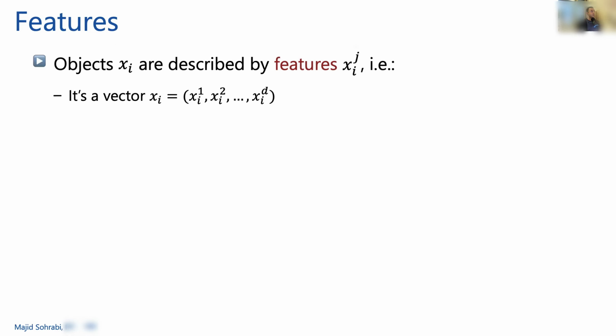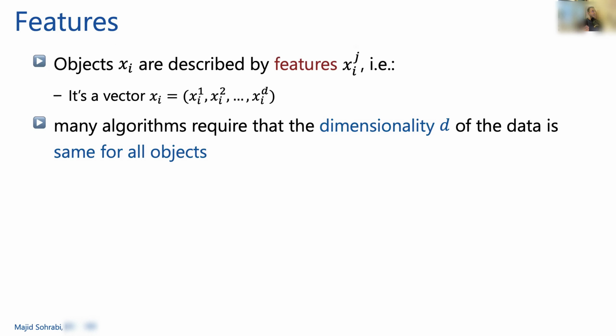So if we define a vector x_i, which is x_i1, x_i2, up to x_id, it would be d-dimensional features. Most algorithms require a fixed dimension d of features for our data set.